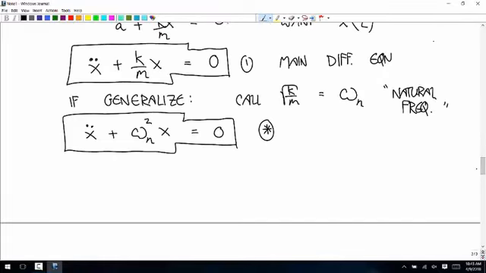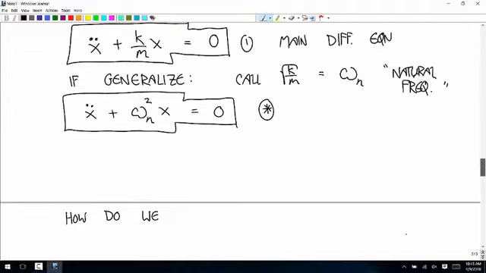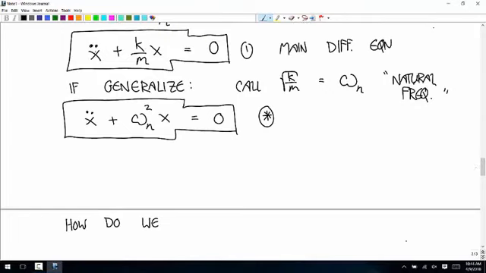And so how do we solve equation 1? Equation 1 is equation star for this specific case, the more specific case that we're dealing with.